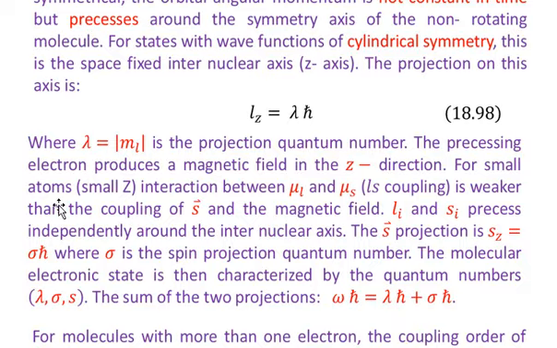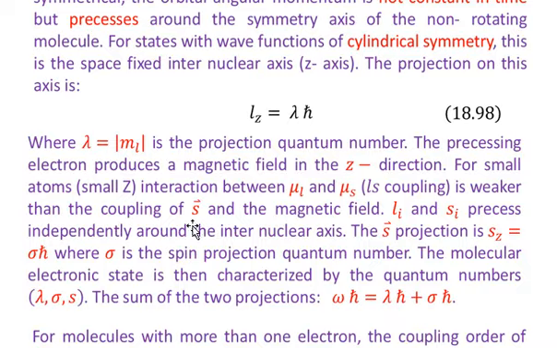For small atoms, which means small Z, the interaction between mu L and mu S, that is the orbital magnetic moment and the spin magnetic moment, also referred to as the LS coupling, is weaker. For smaller molecules, LS coupling is weaker than the coupling of the spin angular momentum and the magnetic field of the molecule.